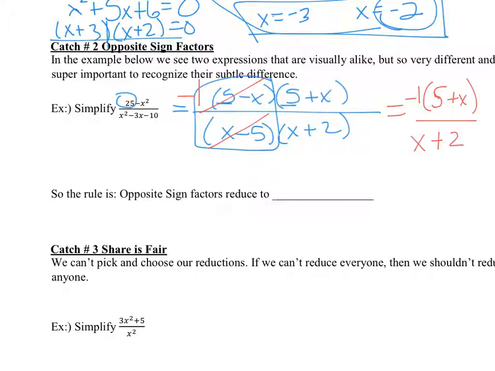So you can distribute that in if you want, but that's a perfectly wonderful answer. So the rule is, if you have opposite sign factors, they reduce to negative 1. And I usually put the negative 1 on the top, but remember it's just the top. You don't put it in both spots. So notice it's only on the top. I wouldn't put it in the bottom also.